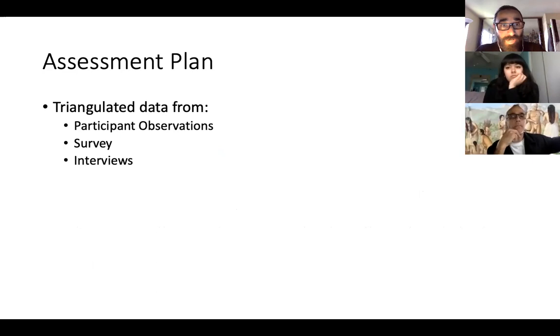So the way I triangulated was I did participant observations, I did the pre-survey I showed you, but I also did a post-survey, and then I did student interviews. For the participant observations, I did formal in-class observations where I walked around, listened to conversations, and looked at the kinds of interactions that these student groups were having.